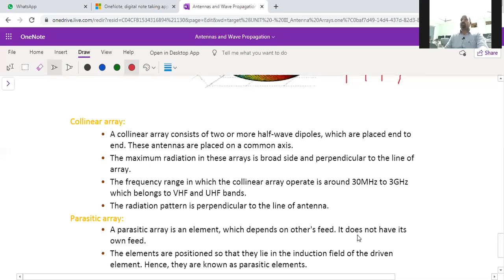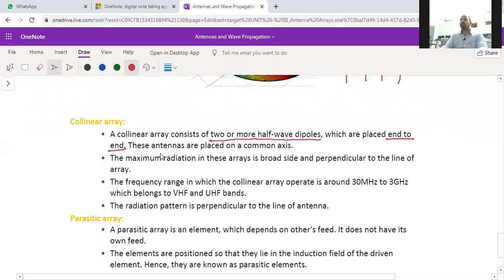And coming to the third one, the collinear array. A collinear array consists of two or more half-wave dipoles which are placed end to end. Here we are changing the arrangement also.